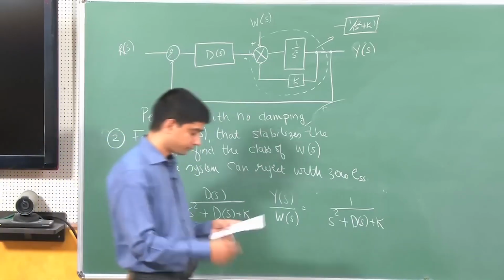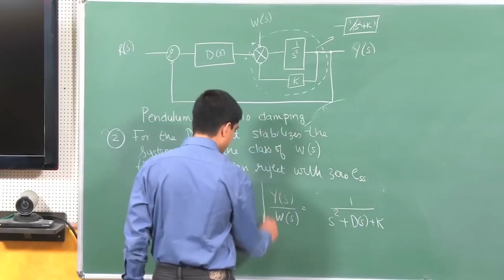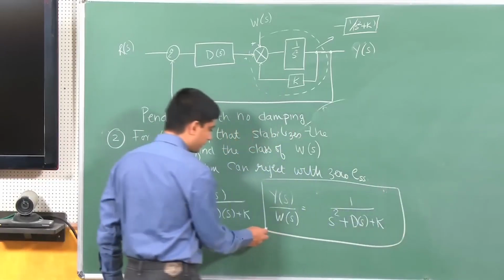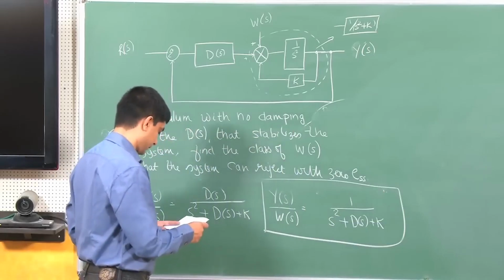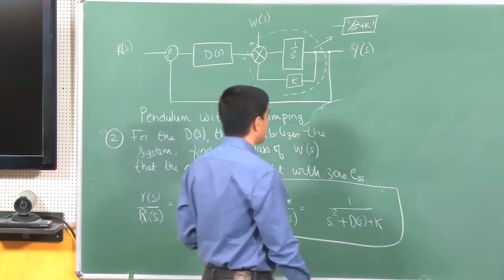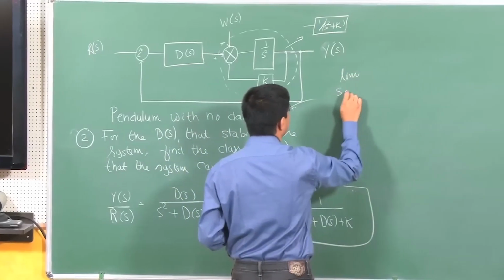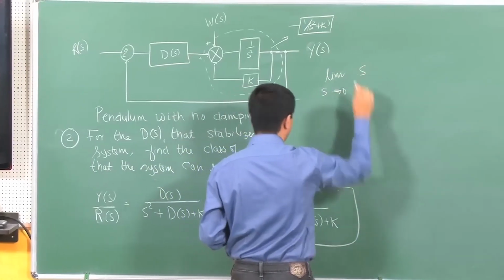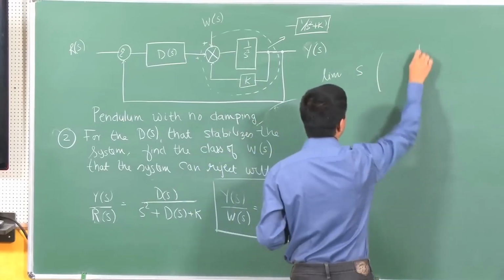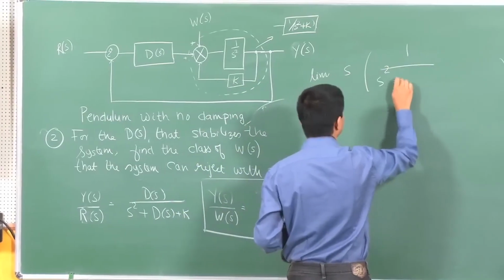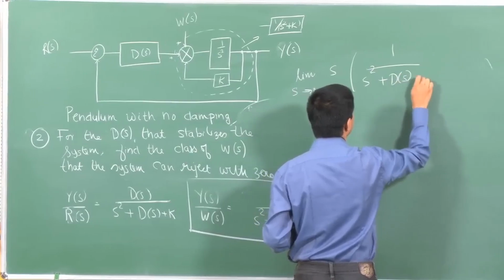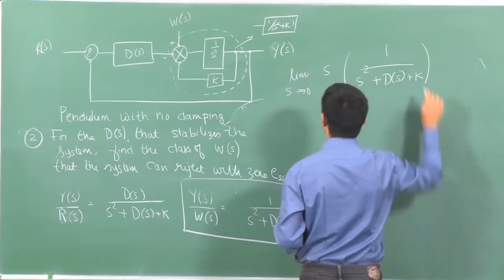Okay. So, I will use this guy here. So, Ys over Ws is this guy. Okay. So, what I would want is limit s going to 0, s times 1 over s square plus ds plus k.